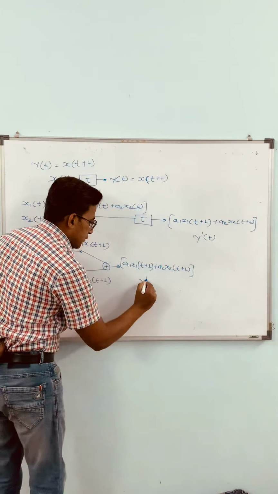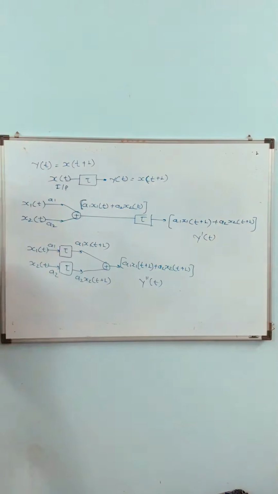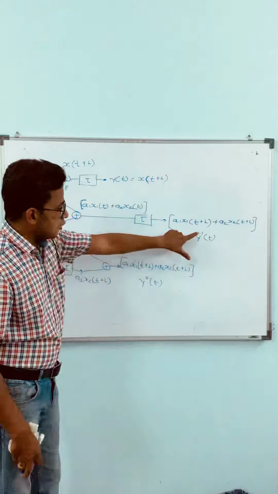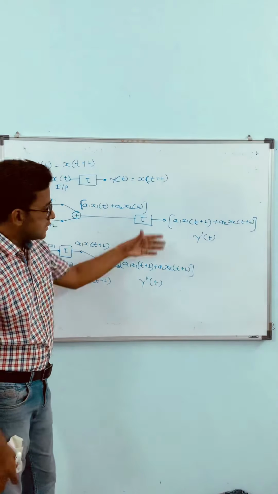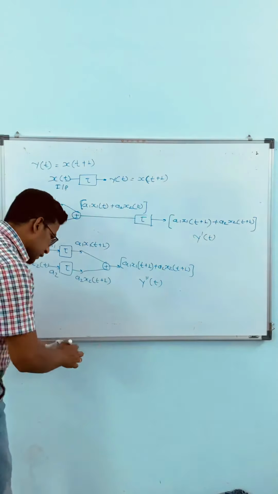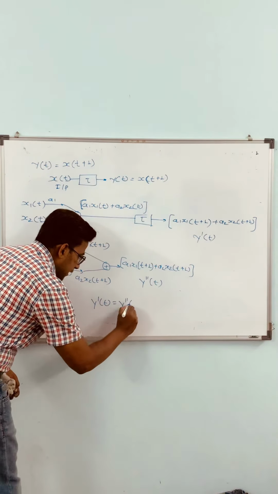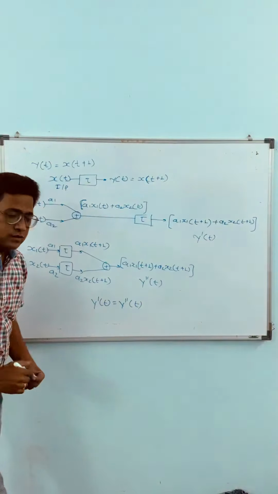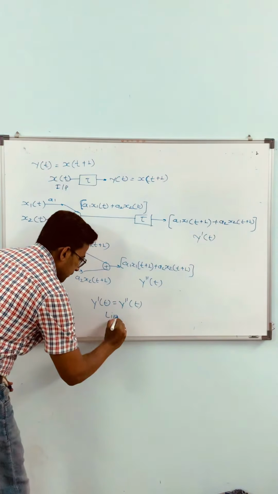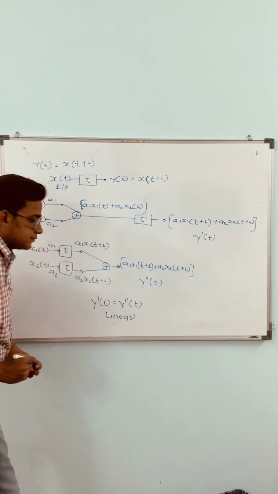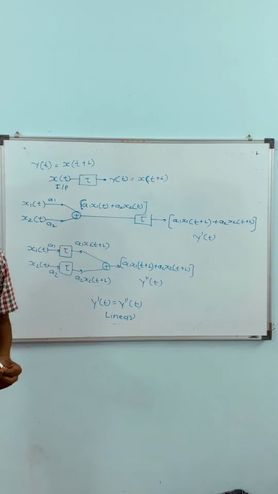This is the new output, which we call y double dash of t. By observing these two outputs, y dash of t is equal to y double dash of t. There is no change in these two outputs, so the system remains linear. In this way you will solve the first numerical.